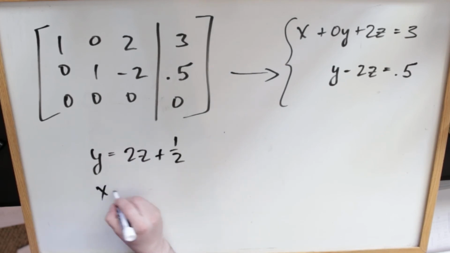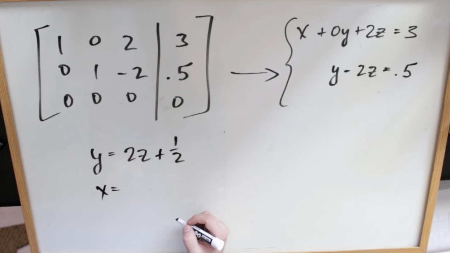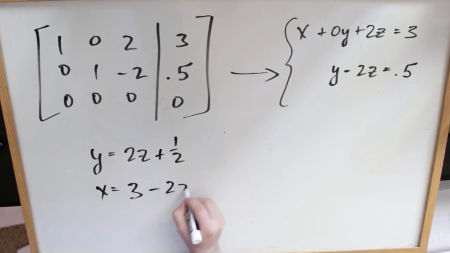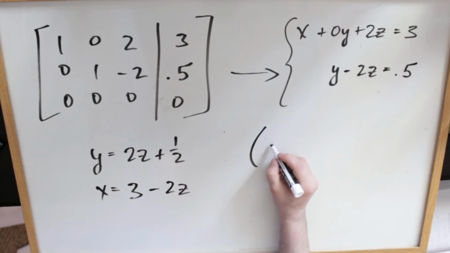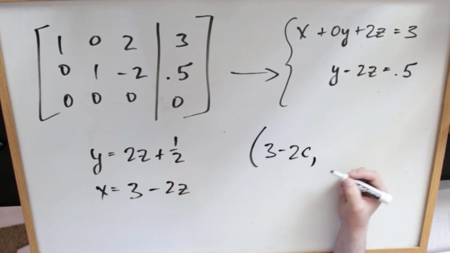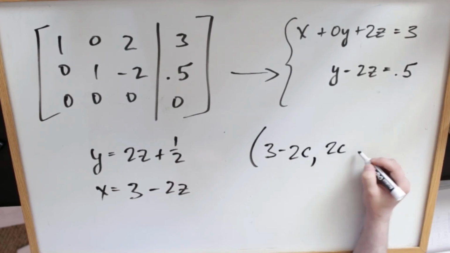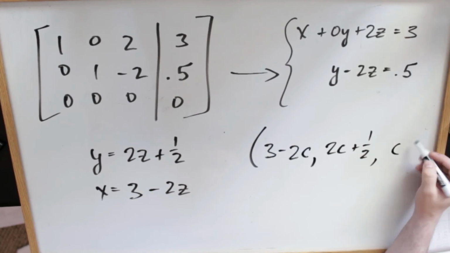And then x is equal to, using the first row up here, 3 minus 2z. Okay, so that means our solution is going to be x, which is 3 minus 2c, y, which is 2c plus 1 half, and the last should just be c.